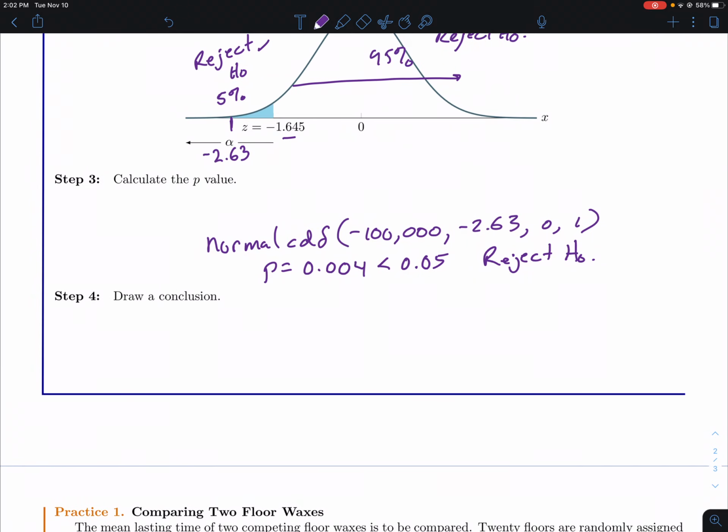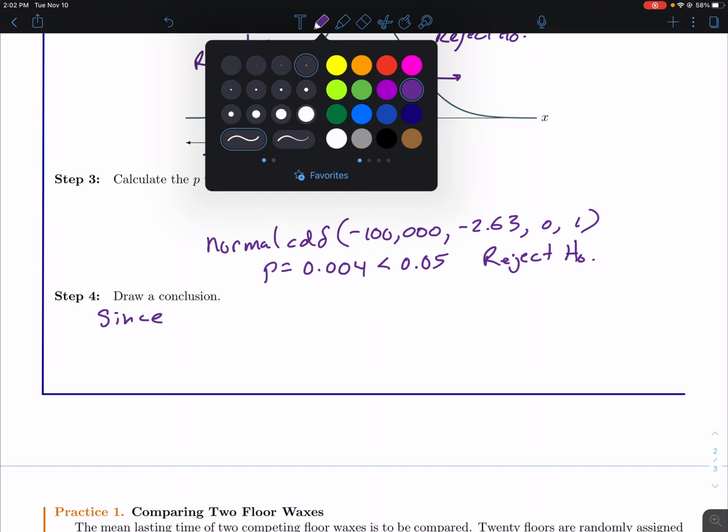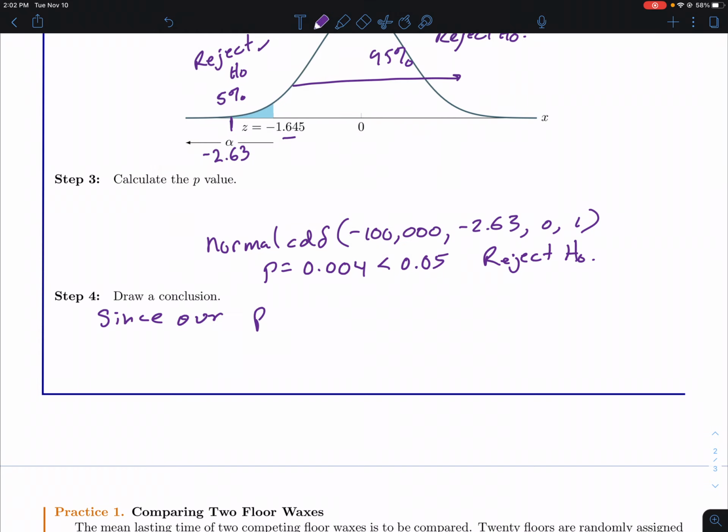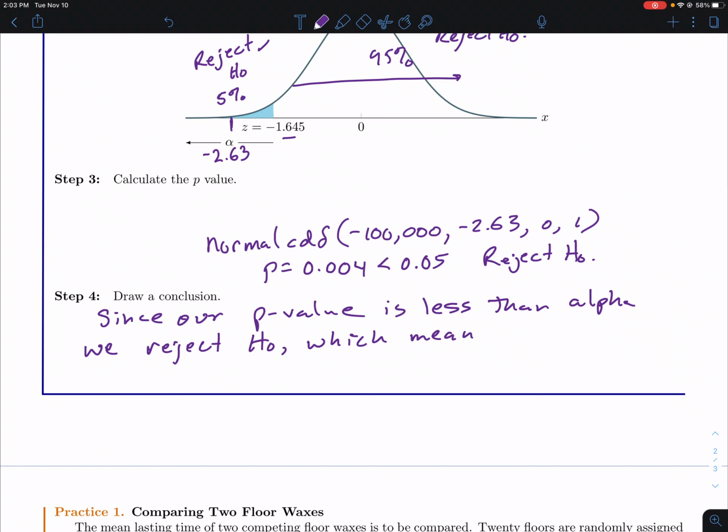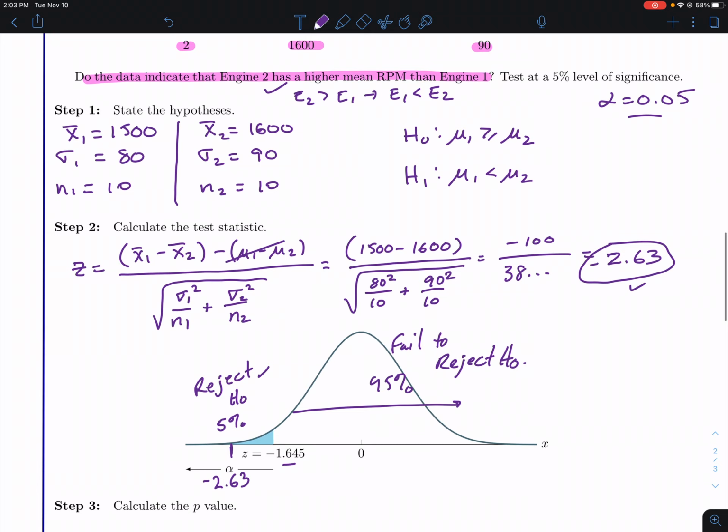So our conclusion would be, since our p-value is less than alpha, we reject H naught. Which means that in this case, mu1 is less than mu2 is true.